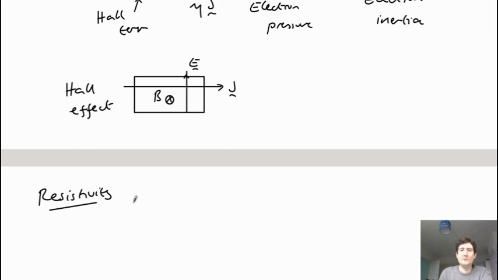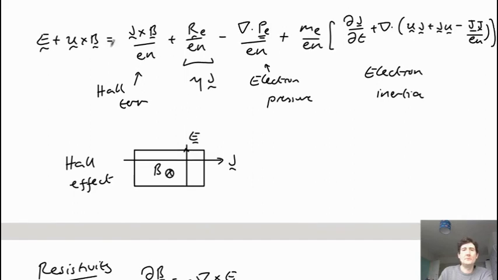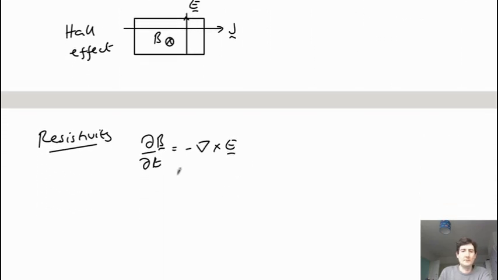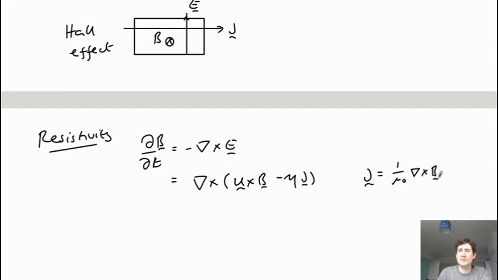As you've seen before, this term basically leads to diffusion of magnetic fields. So we have the induction equation, dB by dt is minus curl of E. And if we substitute this in here, if we neglect all of the other terms and just keep the electric field equal to the resistivity times the current density, well, then you get, of course, that J is just 1 over mu naught curl of B, neglecting any displacement currents here.